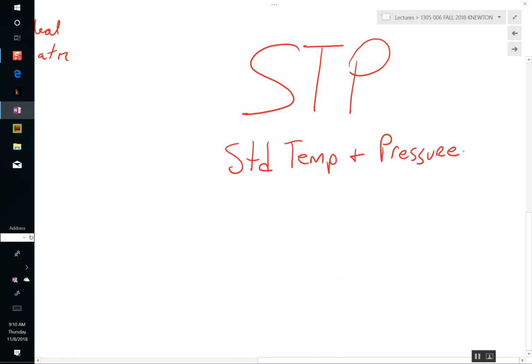So when you talk about gases, it's nice to have a standard reference of properties that you're comparing them to. Standard temperature is the freezing point of water. And standard pressure is the pressure at sea level. The typical pressure at sea level is 1 atmosphere.